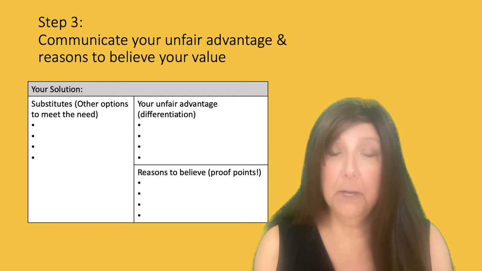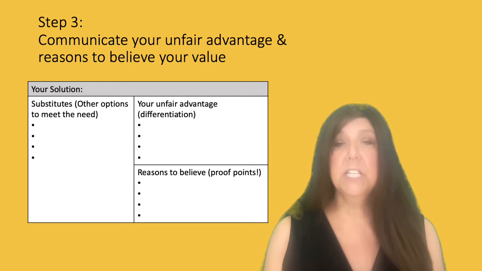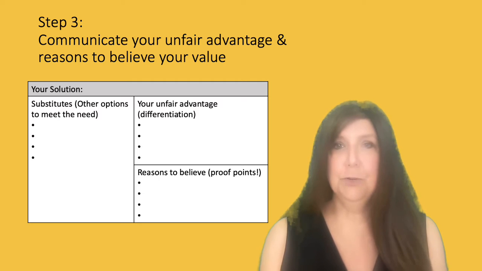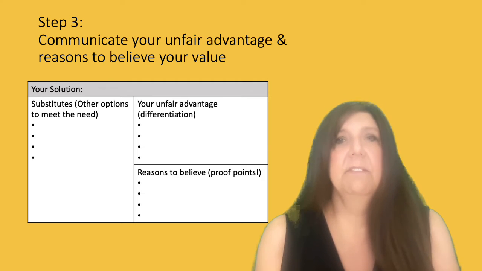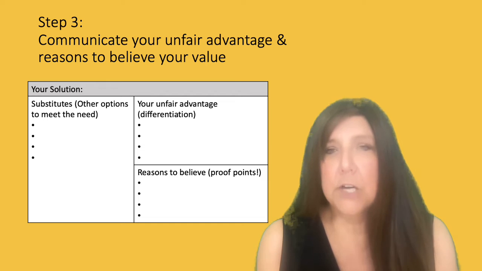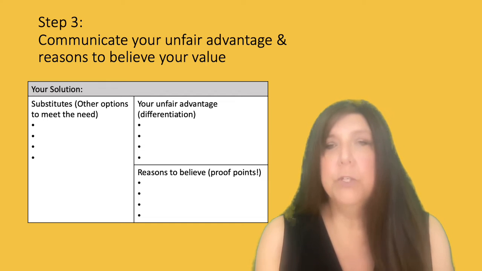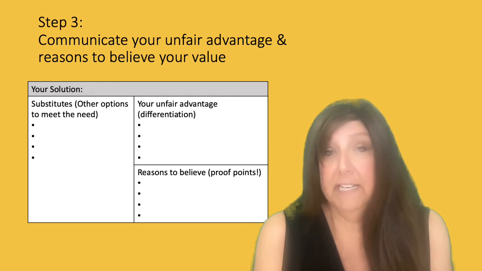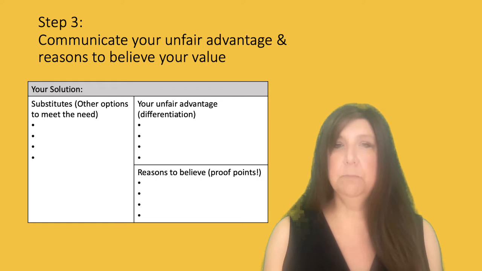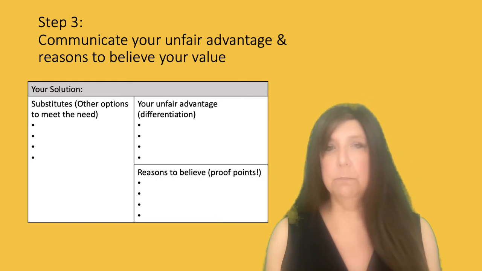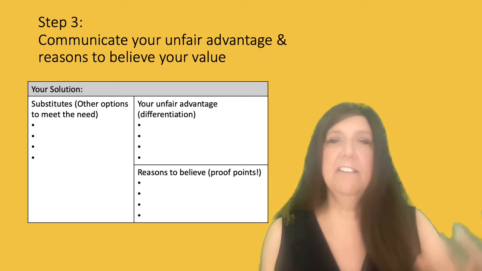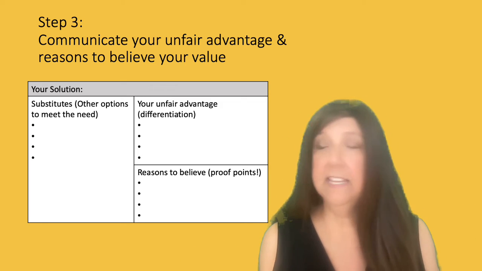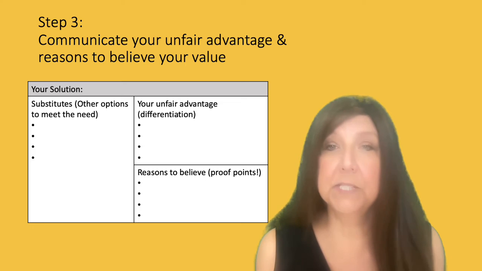So what could a proof point be? And this is really hard if you're starting a new product because you may not have any data, you may not have any customers, but you need to work hard to figure out how you're going to get these proof points in a really quick manner. Or why would I choose to do business with you or try your product? A reason to believe could be we have a 5-star rating on Yelp. Or we have been approved by the American Psychological Association.